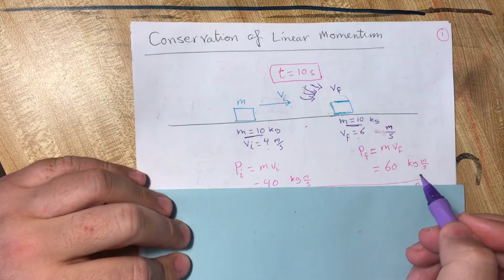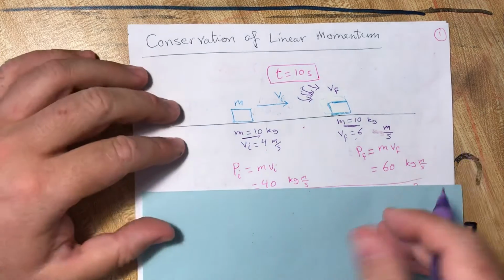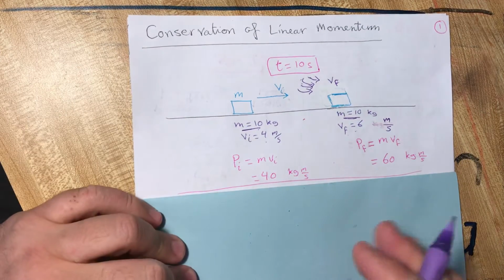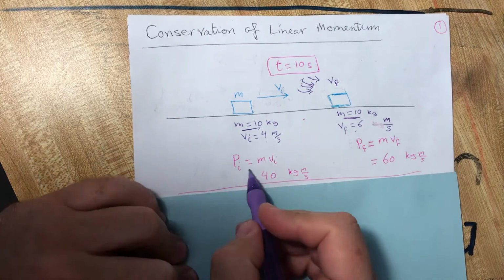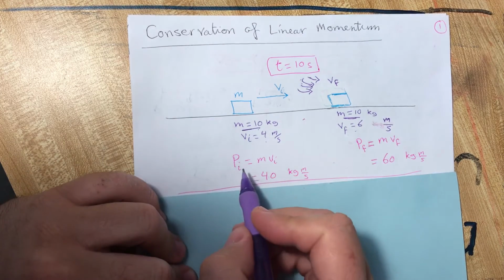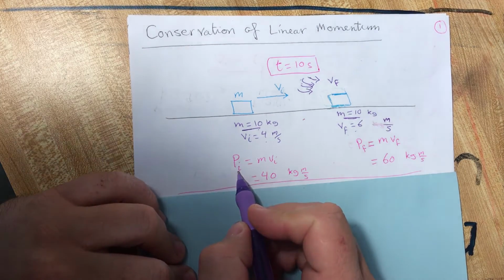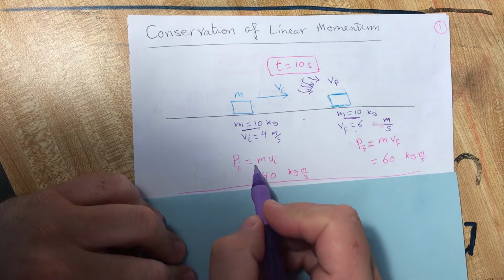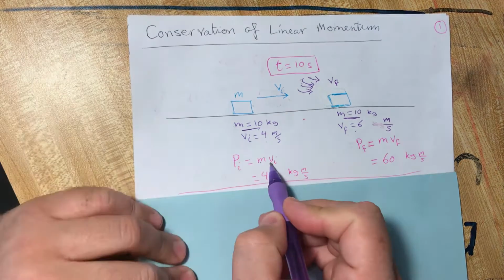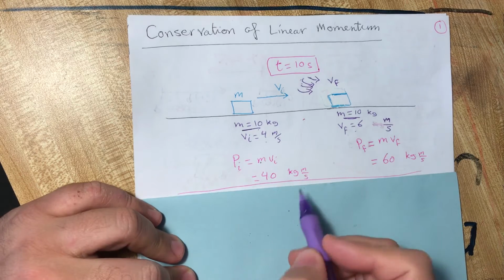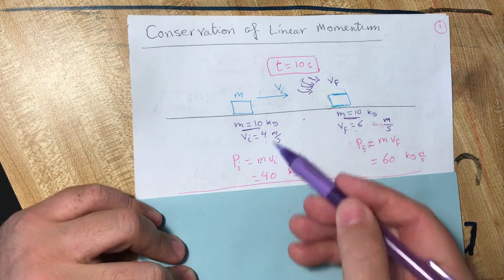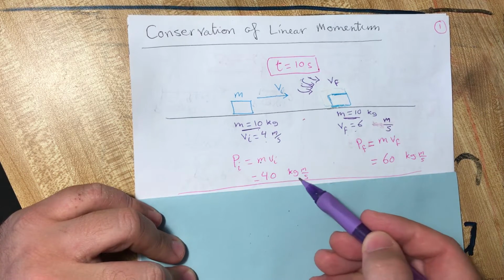If we compute now the momentum, initially the momentum will be equal to mass multiplied by the initial velocity: 10 multiplied by 4, which is 40.